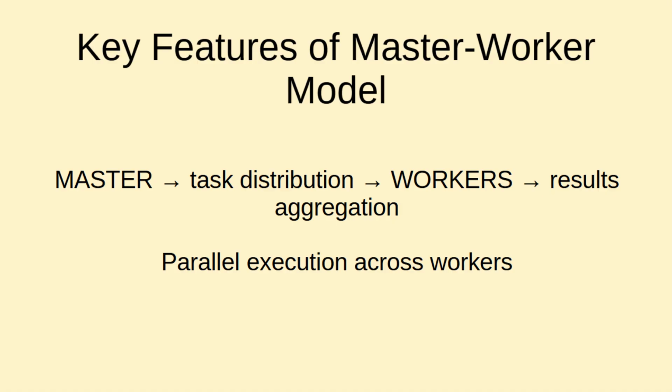The master-worker model improves performance by enabling parallel execution of independent tasks. Workers operate concurrently, reducing overall execution time. This model is commonly used in parallel computing, web servers, MapReduce systems, and scientific simulations. The master may also collect and combine results after processing is complete. Let us demonstrate it in coding.